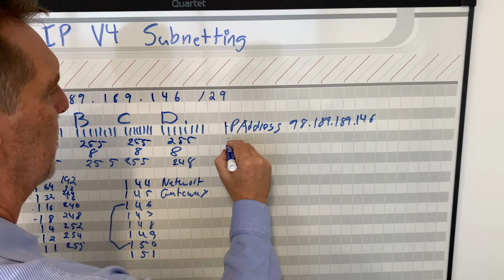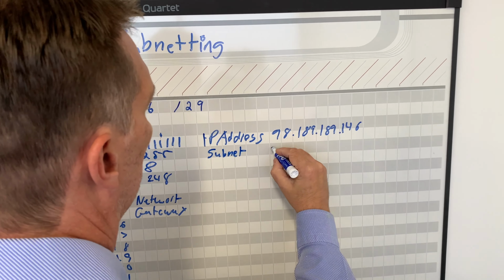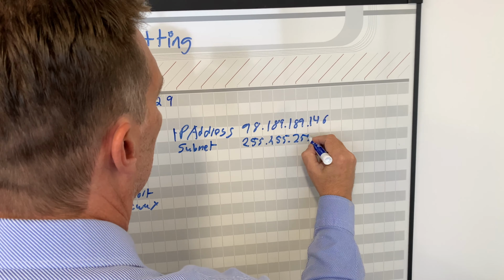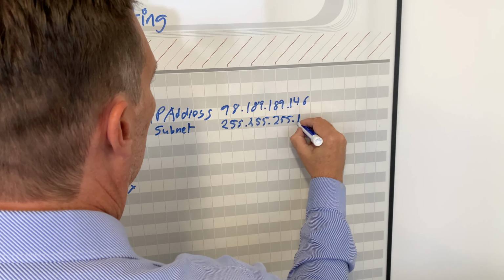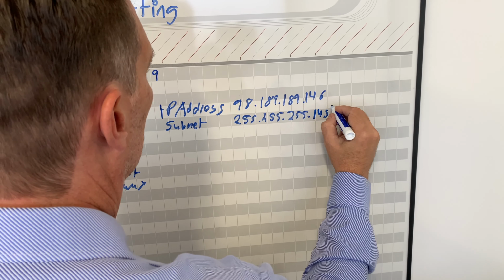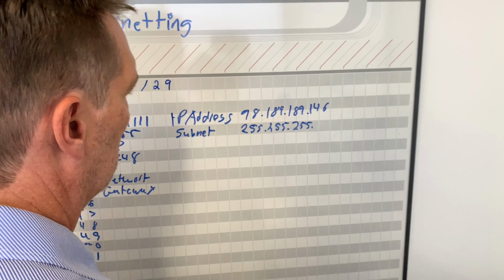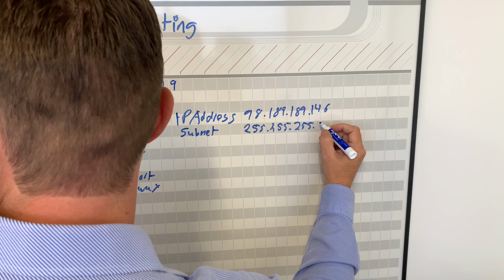The subnet mask, oops, the subnet mask is going to be 255.255.255.248.